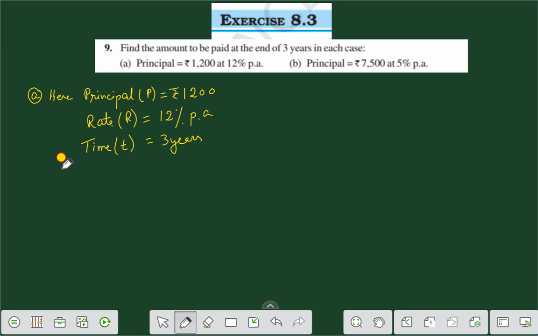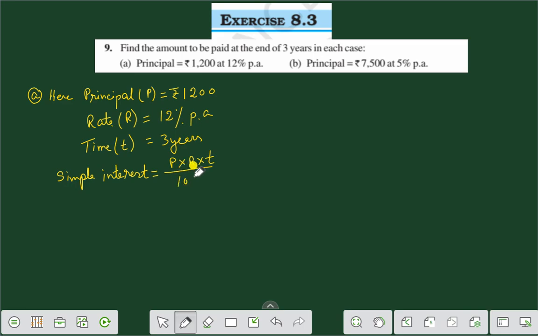We know that simple interest is equal to PRT by 100, that is, P into R into T by 100.